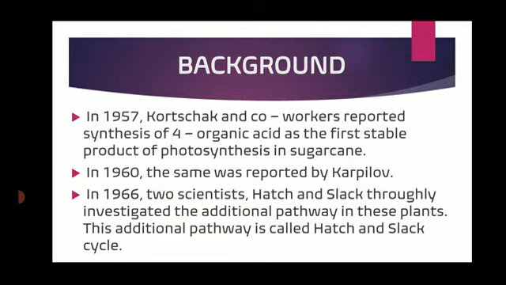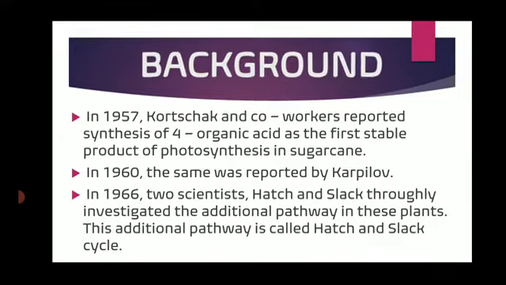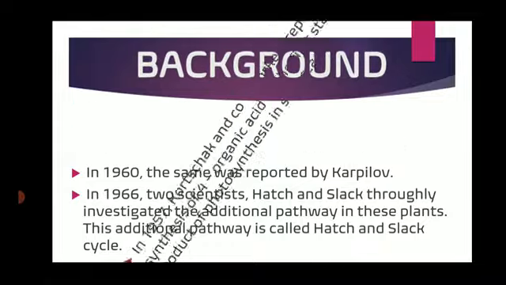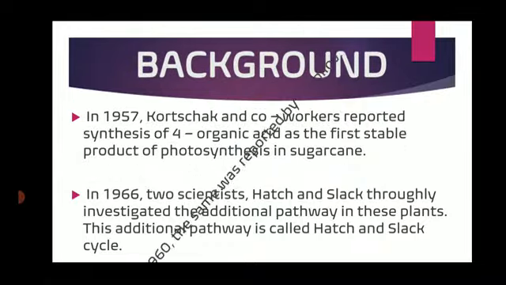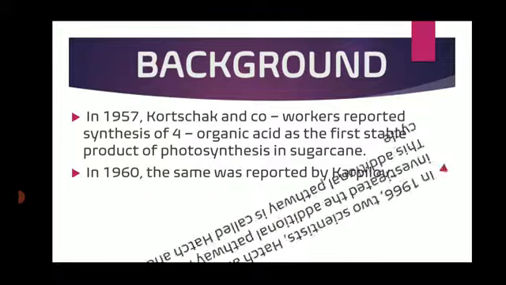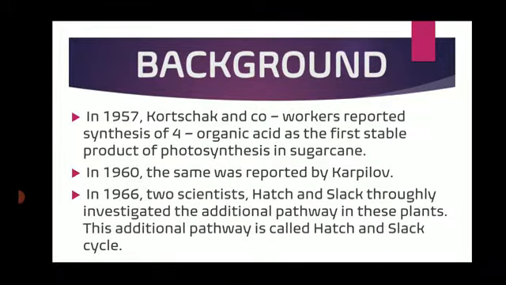And later, in the year 1966, two scientists, as I told you, Hatch and Slack, thoroughly investigated this, came up with this pathway, and confirmed the presence of the C4 cycle in certain plants. We have discussed all these things already. So that's about the background of this particular cycle.